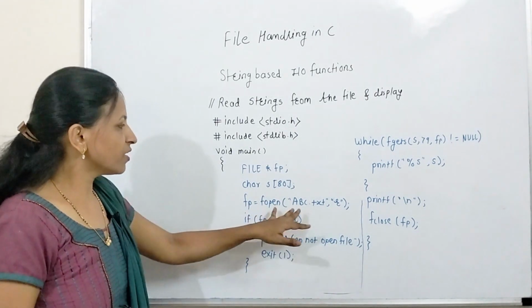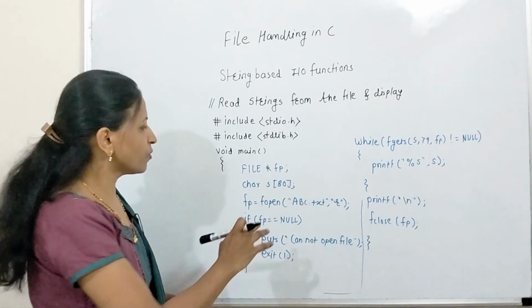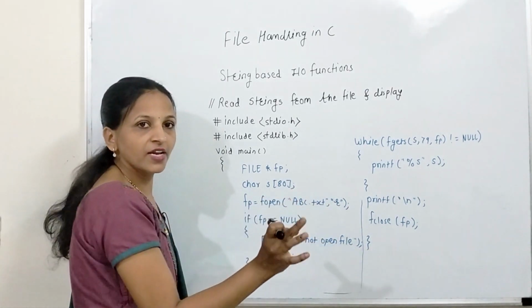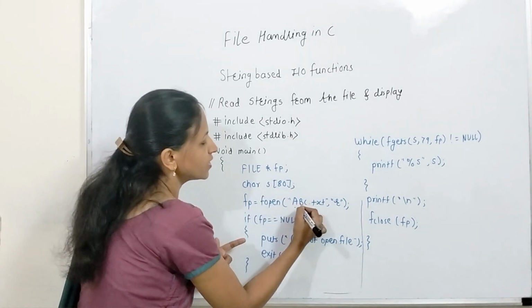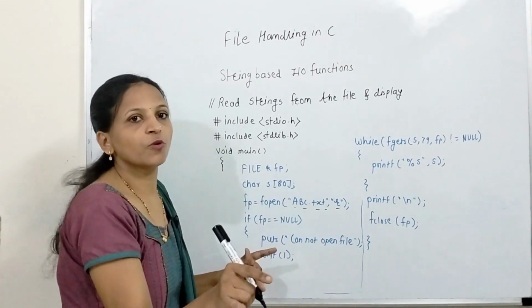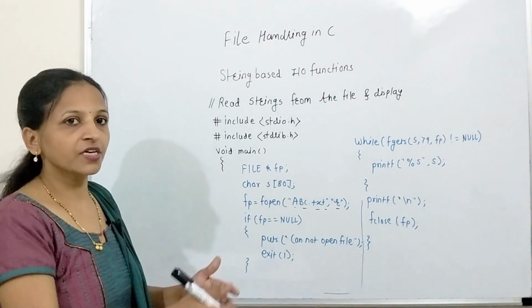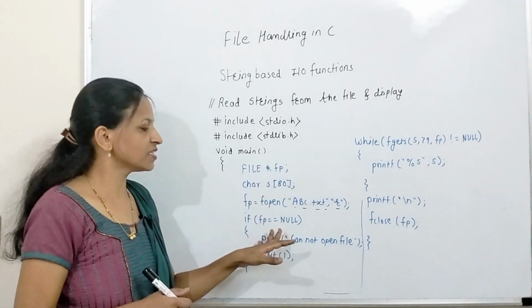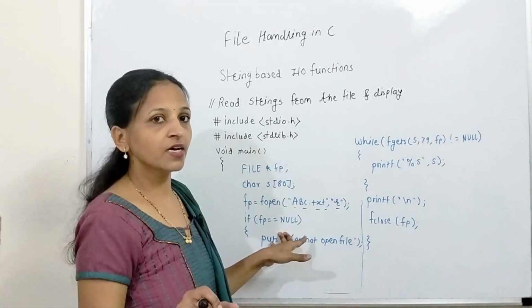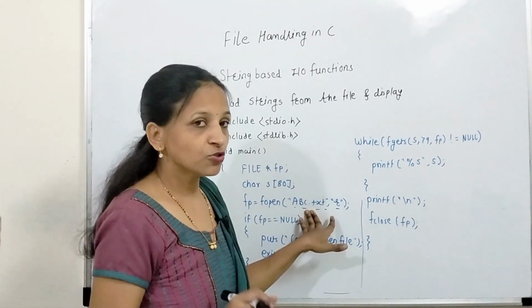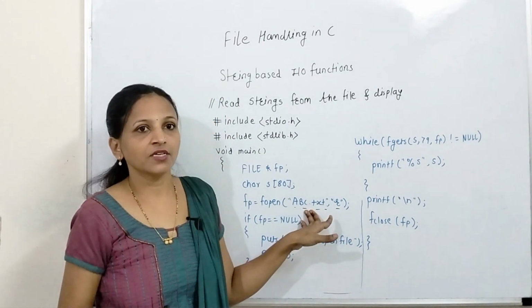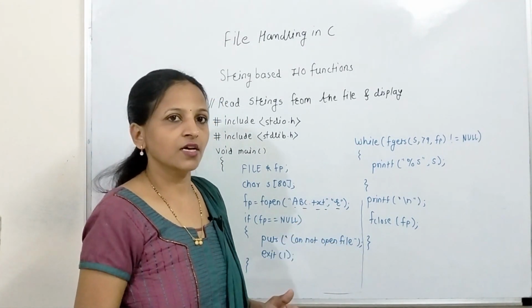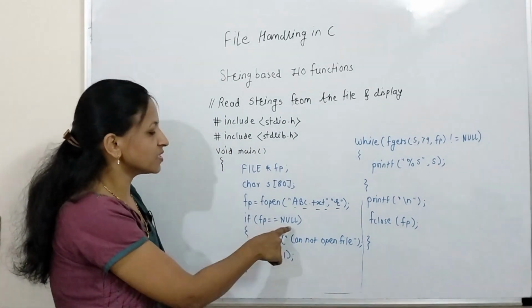Now here we have opened that file. With the help of the fopen function we can open a file. Here fopen abc.txt, in read mode we have to open that file because we are going to read contents from that file. Now if fp is equal to null, we have seen that if the fopen function has not opened the file successfully, then it will return null. That's why we can check whether fp is equal to null.